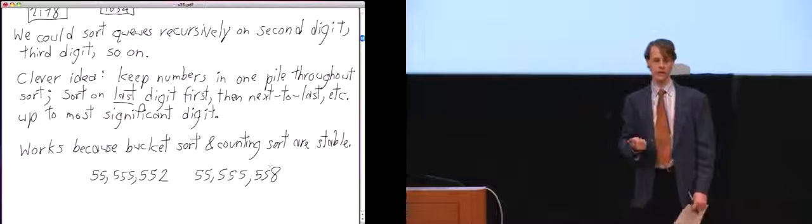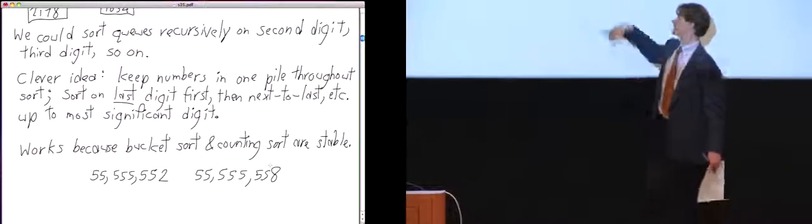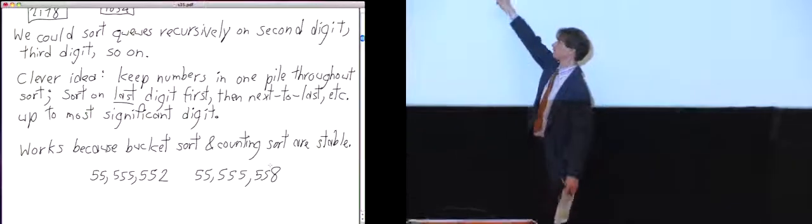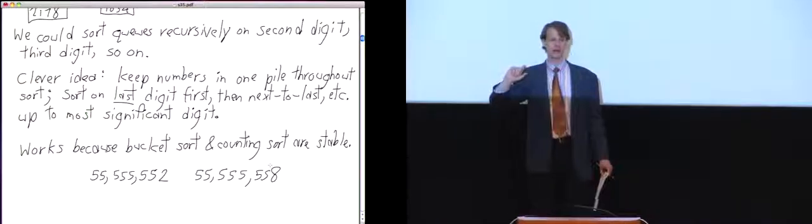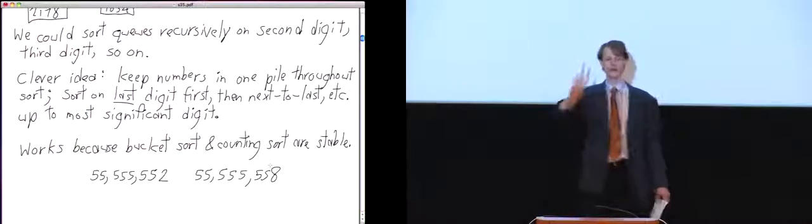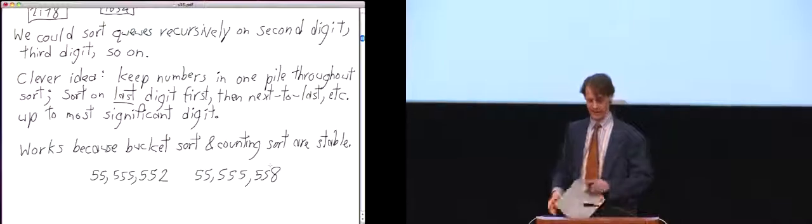Once we do that, we're going to sort on all the other digits. We're going to sort on the second smallest digit, the third smallest digit, and so on up to the most significant digit. But because bucket sort is stable, this key will always stay in front of this key in the sorted list. They will never exchange sides again.